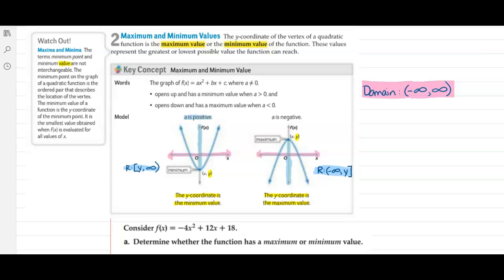So you can see that the domain is the same for both of them, no matter if the graph opens up or down. Those are the only two ways the graph can open. It's not going to open to the left or the right. When it opens up, it's going to go from that value, that minimum value, to infinity. When it opens down, it's going from negative infinity up to that y maximum value.